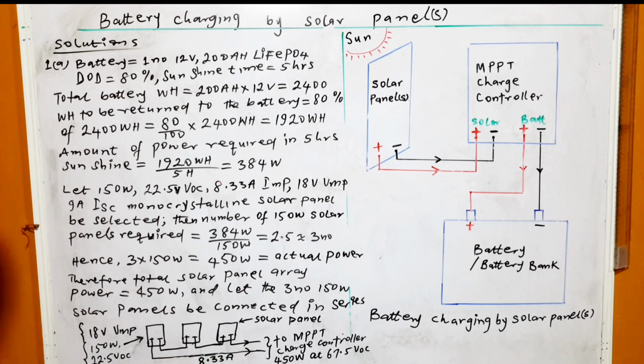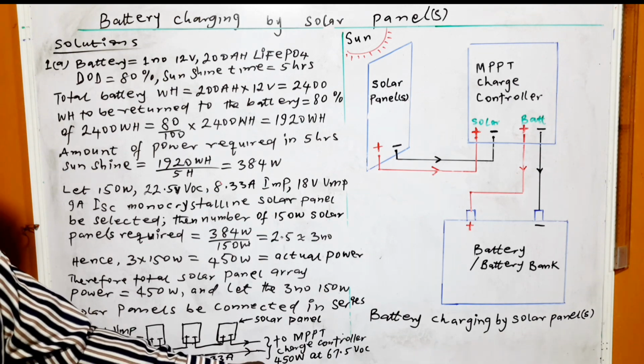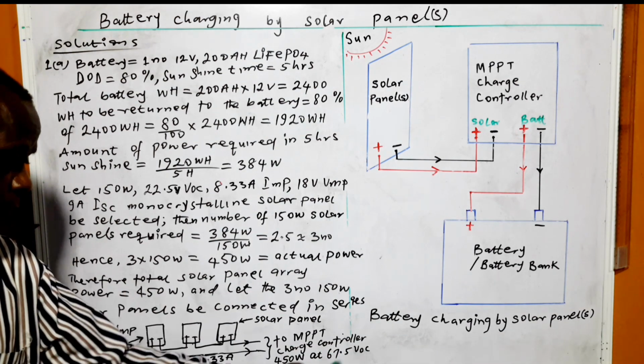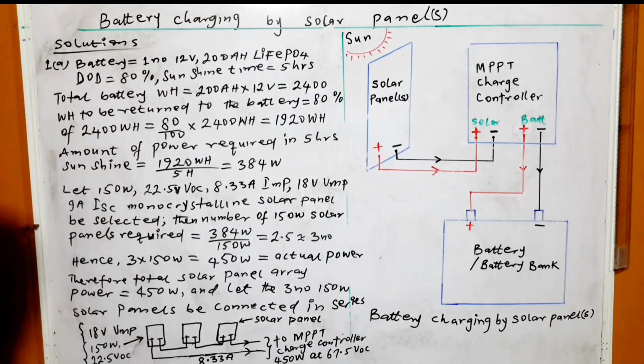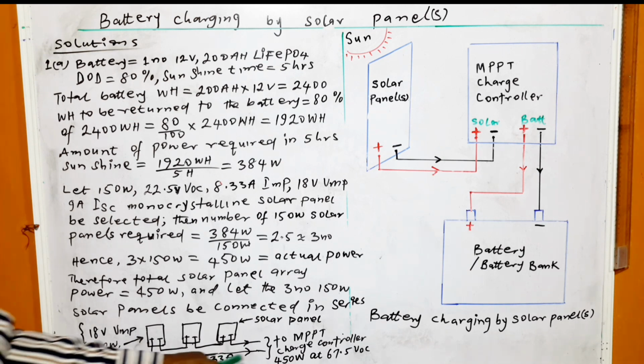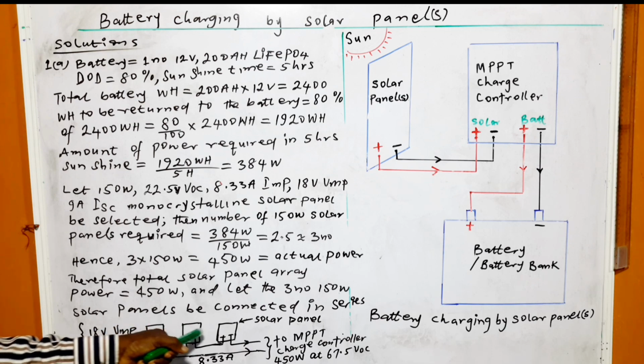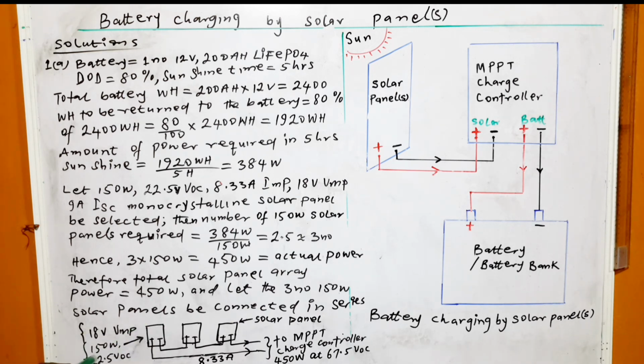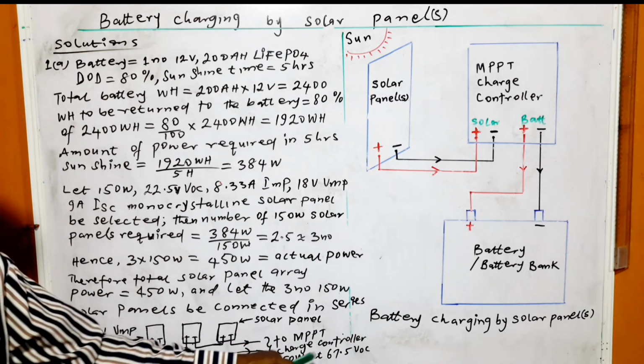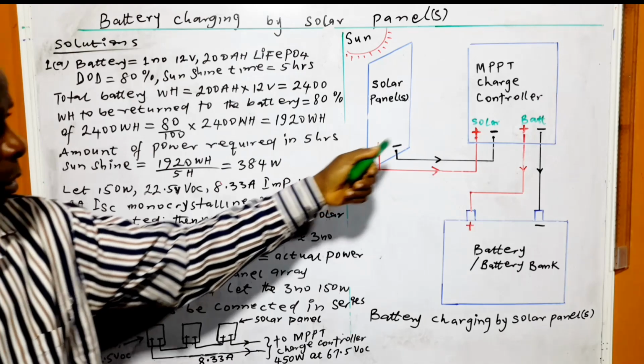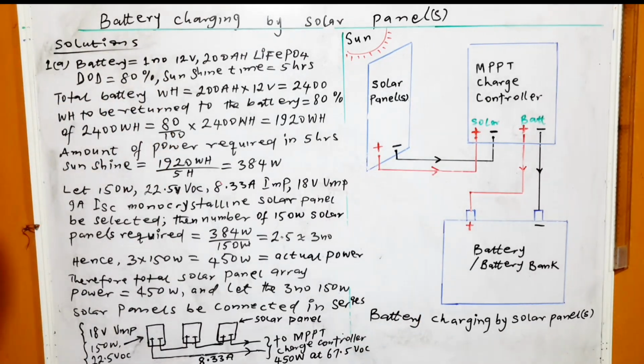So if you multiply 22.5 VOC by 3, you get 67.5 VOC. That is the open circuit voltage of the array. Then the 450 is obtained by multiplying 3 by 150, the wattage of each of the solar panels, and that is what we have going to the MPPT charge controller.